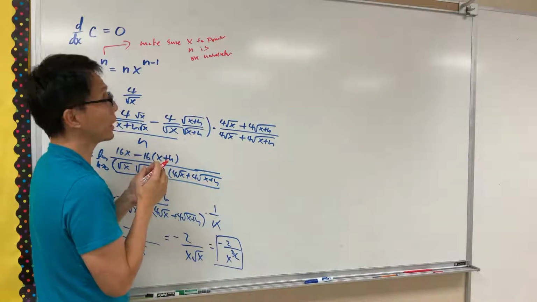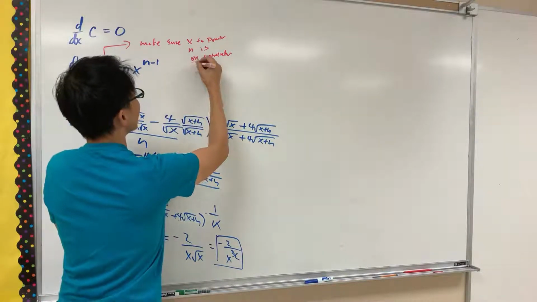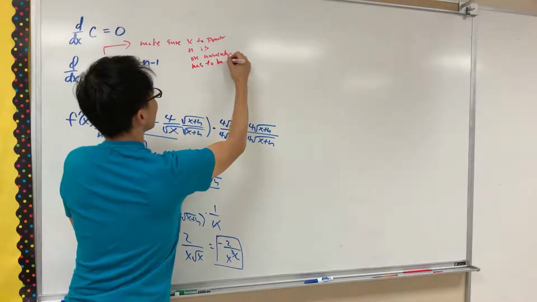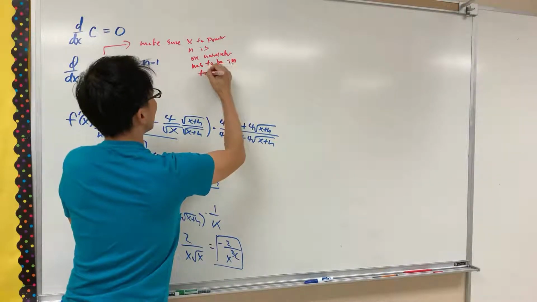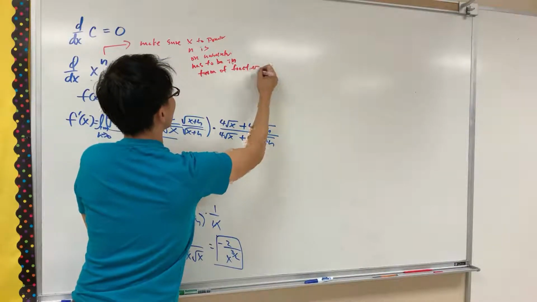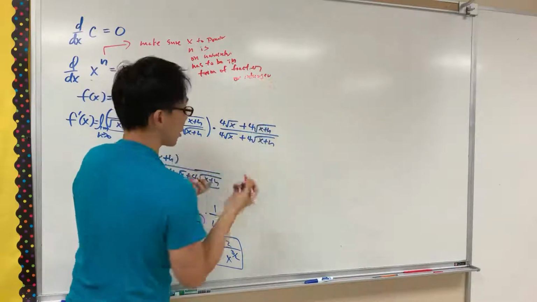Not only on the numerator, it has to be in terms of fractions or integers. So it cannot be radicals. You cannot differentiate a radical.